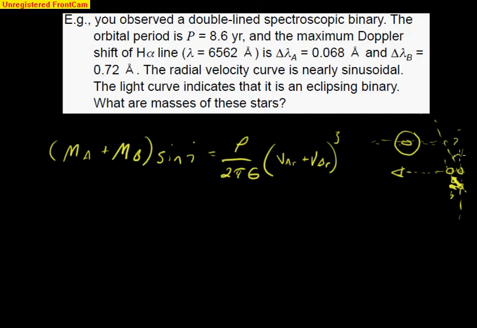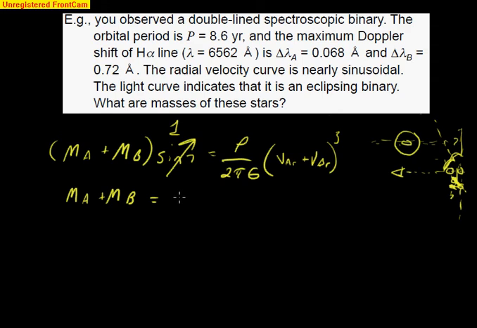So yeah, it's this angle, because it has to be pi over 2. Anyways, the point is this goes to 1, so we're just left with mass of star A plus the mass of star B is equal to the period, which is in years.